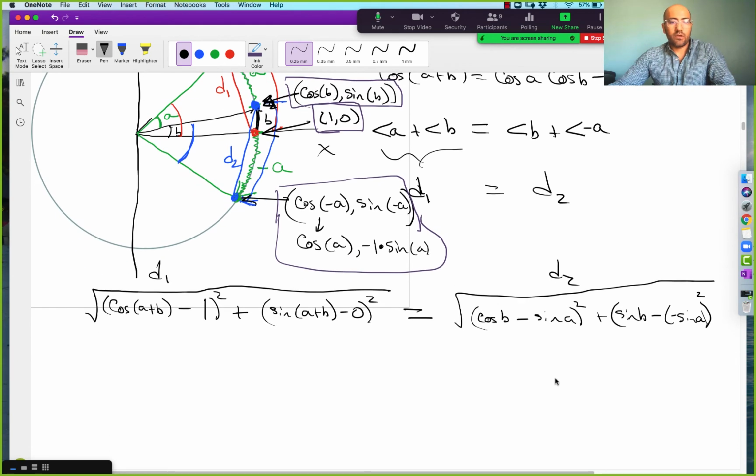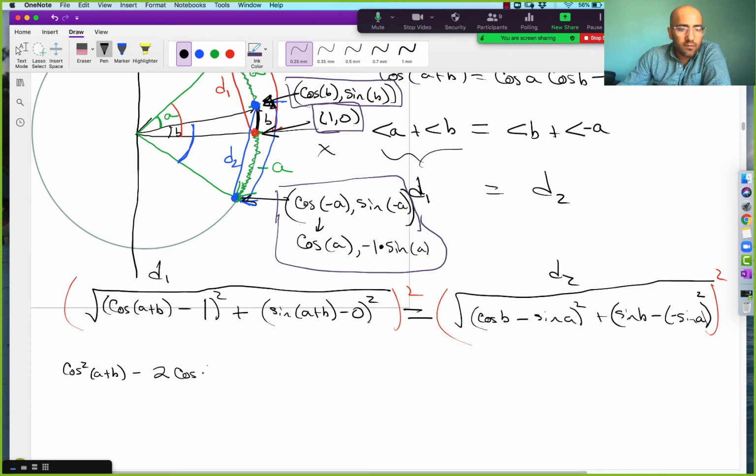No questions. Okay, so now we're going to simplify this. First of all, we can square both sides, so that gets rid of the roots. And then we're going to FOIL this out, so we'll end up with cosine squared of a plus b minus twice cosine of a plus b plus 1.